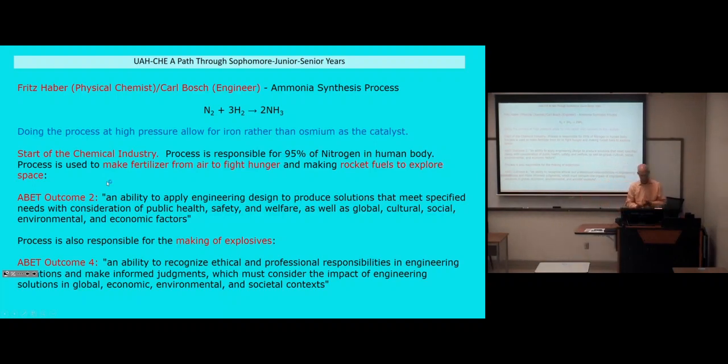And this then comes into Outcome 4, an ability to recognize ethical and professional responsibilities in engineering solutions and make informed judgments, which must consider the impact of engineering solutions in global, economic, environmental, and societal contexts. So in this case, this kills some people, or kills more people.